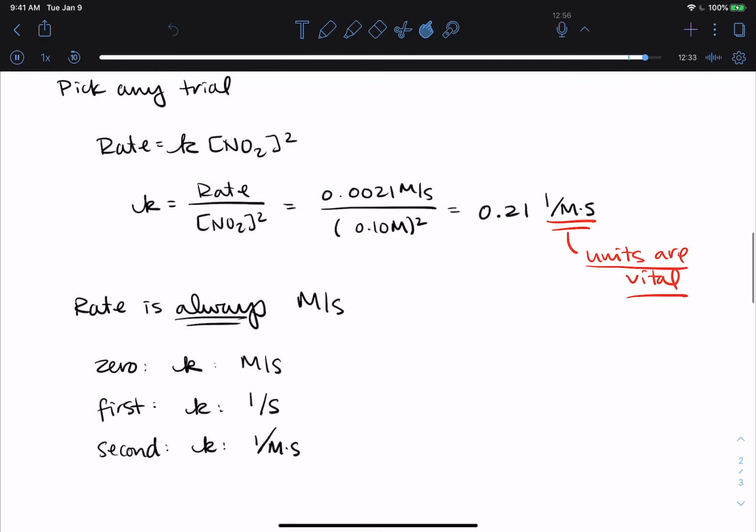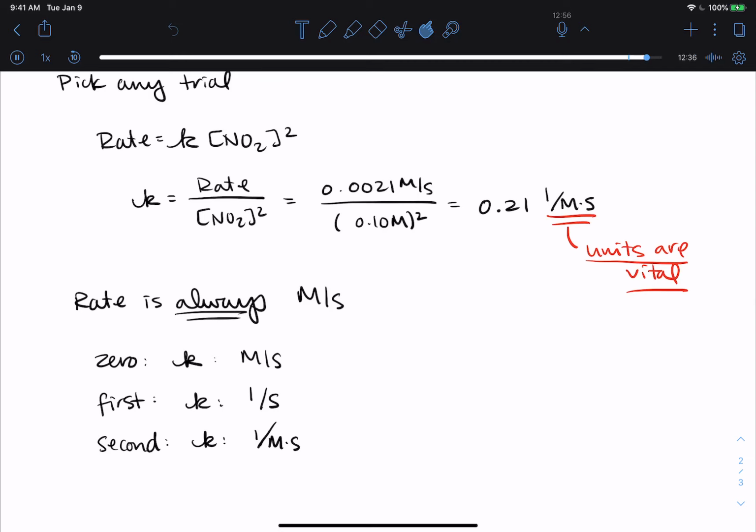And this is in relation to the overall order. So if you had something that was second order in reactant A and first order in reactant B, that's third order overall. Your rate constant units need to reflect that and make sure that your rate that you get always has units of molarity per second.